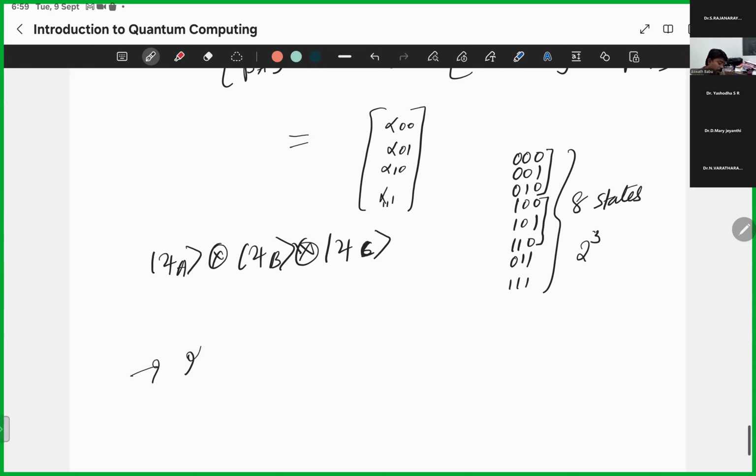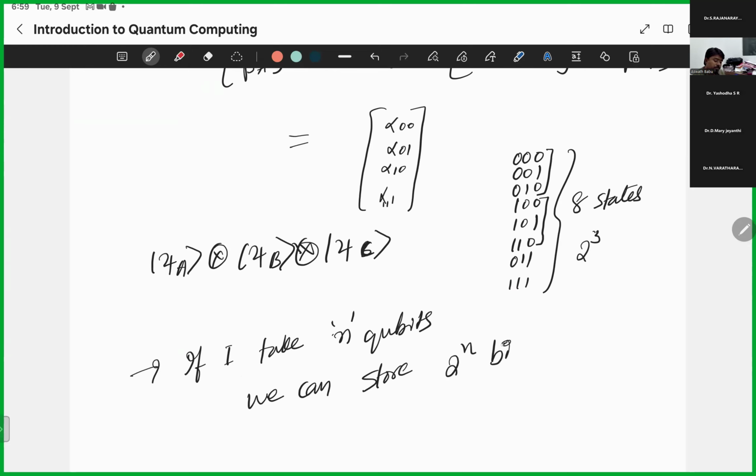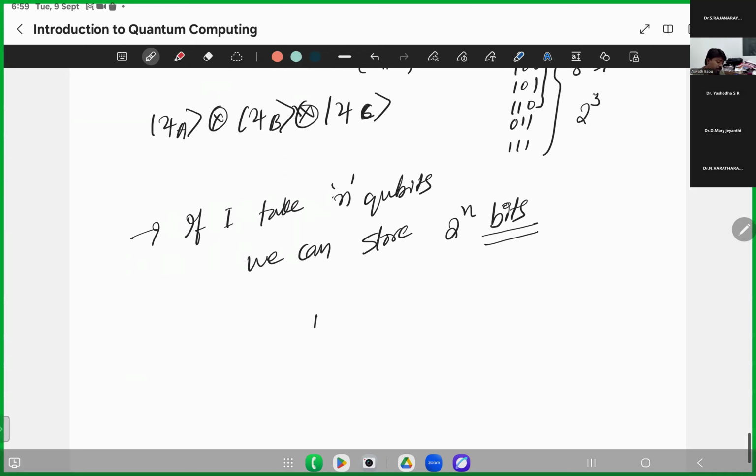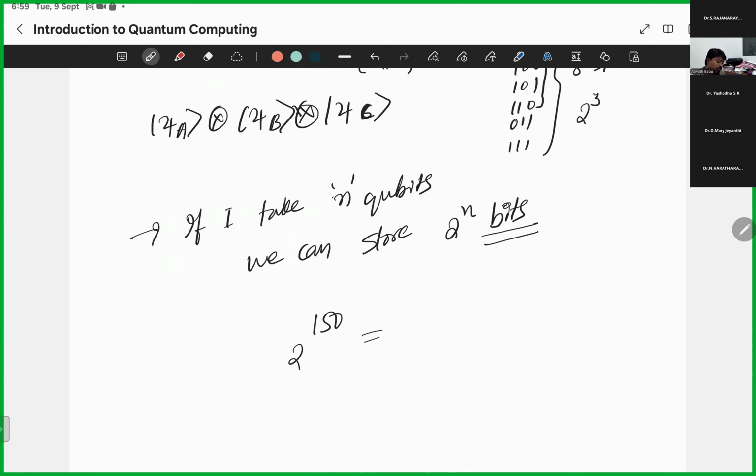So if I take n qubits, we can store 2 to the power of n bits. It's exponentially large, right? If you just take 150 qubits, it's a very, very large number. It's enough to do large computing, like processing the atoms in the entire universe. Very large memory. The only important thing here is that all those few qubits should be ideal, should not be noisy, should not be disturbed by the surroundings.